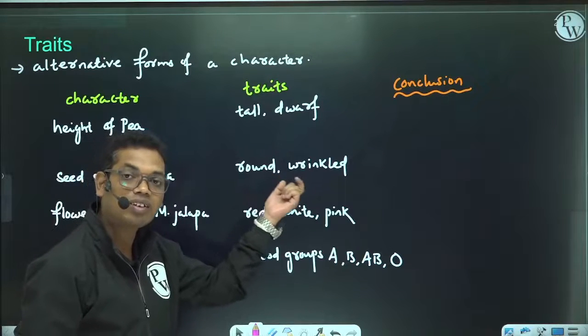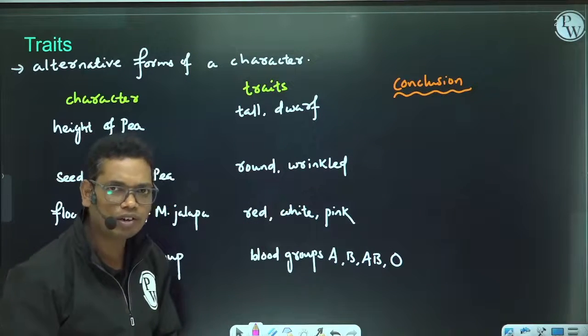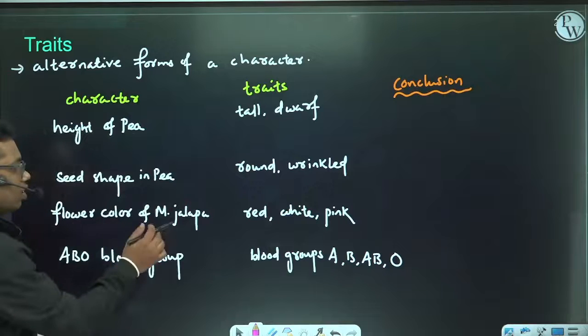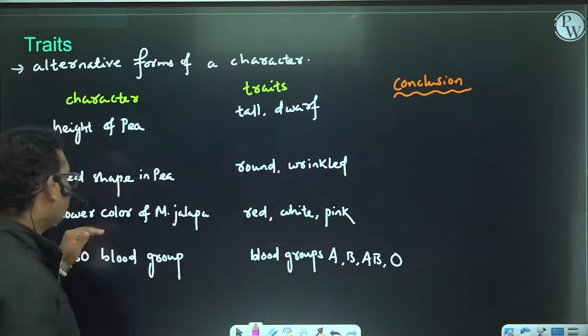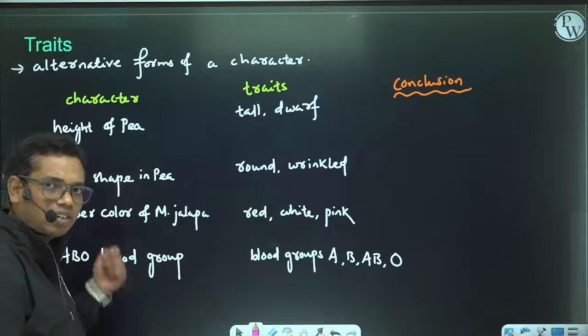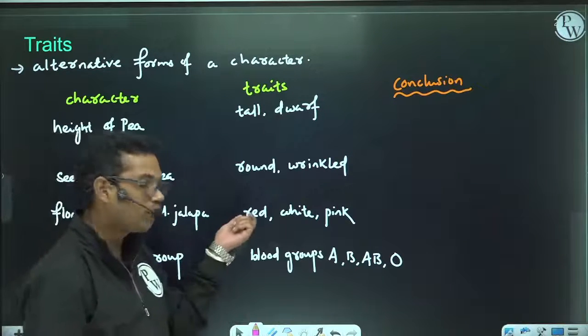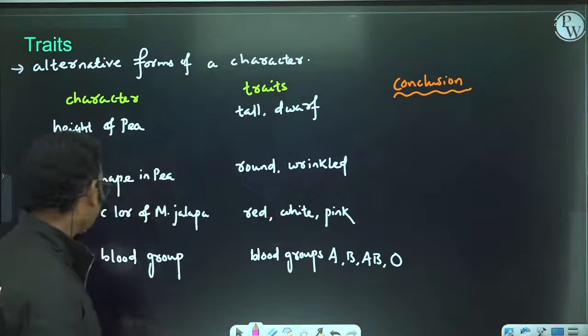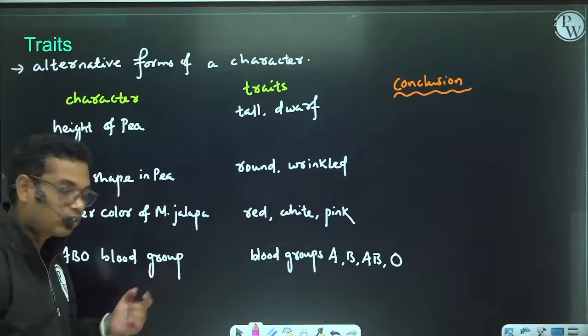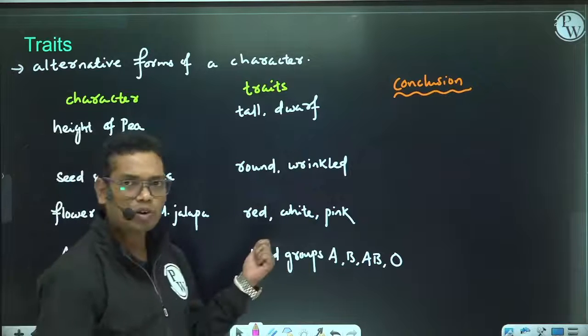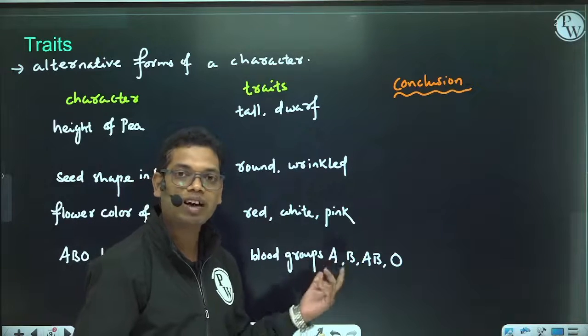These round and wrinkled seeds are examples of traits. When I say flower color in Mirabilis jalapa, which is also known as the 4 o'clock plant, the flower color is the character, and the traits will be red, white, and pink. When I say ABO blood grouping in human, the ABO blood group is the character, and blood group A, B, AB, and O are the traits.